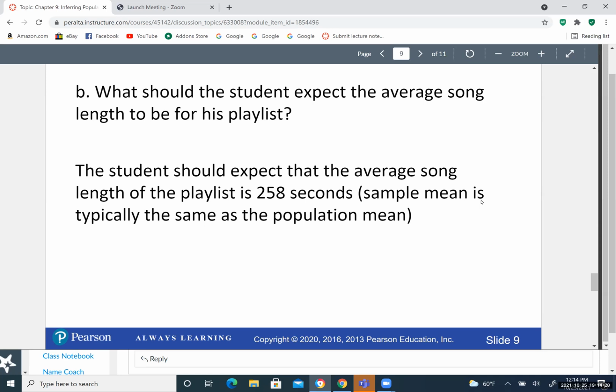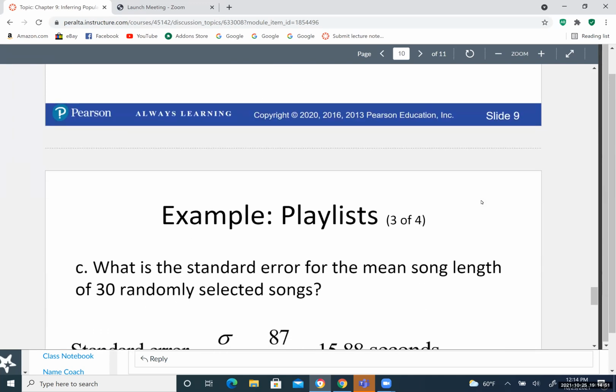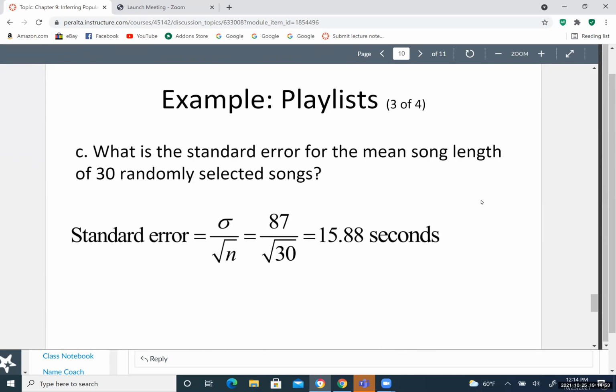So when you take out 30, it will be around 258. It can be 256, but it's close to that value.